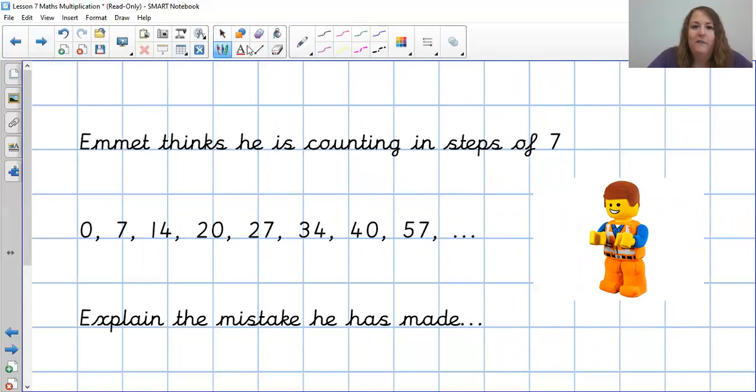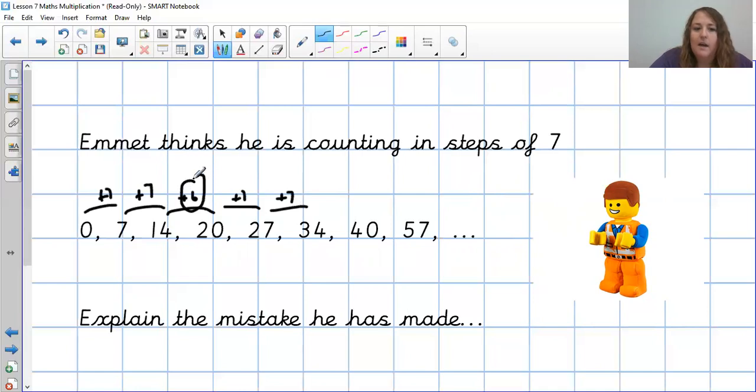Okay, excellent. Hopefully you worked out that he did add 7 here and he did add 7 here, but he's made the mistake that Miss Fowler has been making quite a lot this session. He actually only added 6 here, even though he carried on adding 7s afterwards. So these are the 7s, but because he got 1 wrong, this one here, a lot of the other numbers will be incorrect because it's not in the 7 times table.